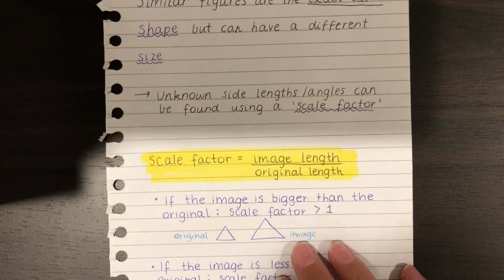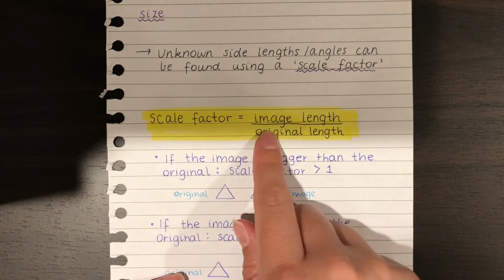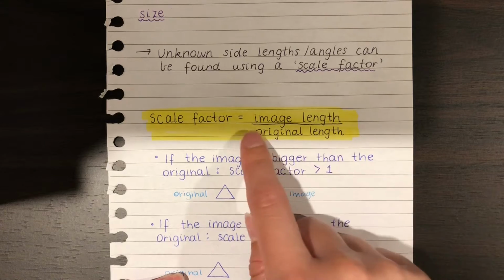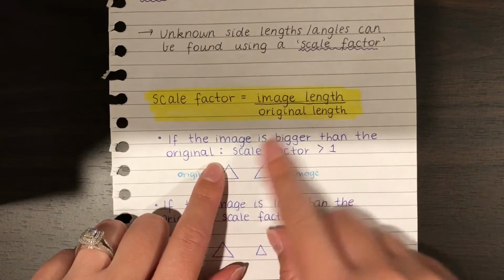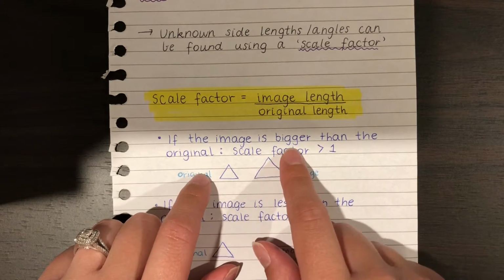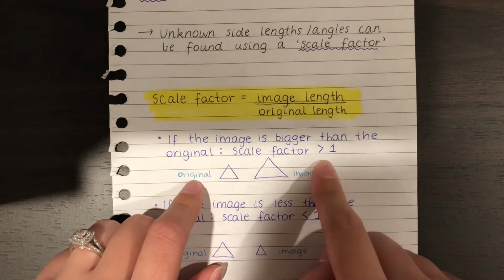Now it has its own formula. The scale factor equals the image length divided by the original length. If the image is bigger than the original, the scale factor will be greater than 1.